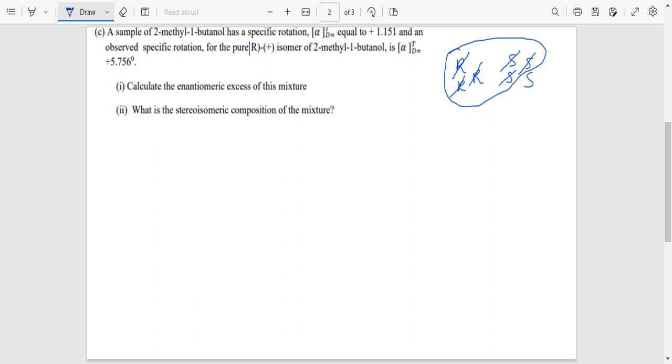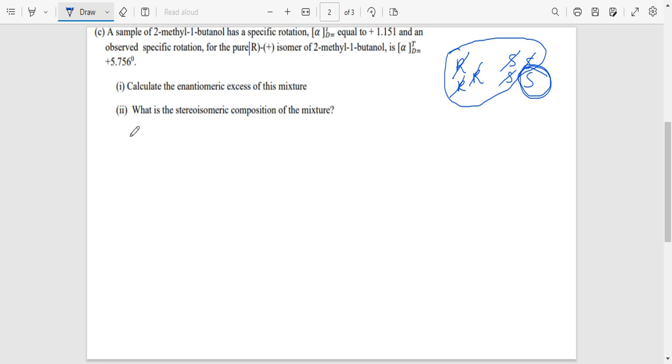Imagine someone wants to push you and then someone else is pulling you with the same magnitude of force. So there's not going to be any pull or push. And then what remains here of the S, this is what we call the enantiomer in excess. So the enantiomer in excess is simply the total of the compound, and then you remove the meso compound, or let me say the racemic mixture.